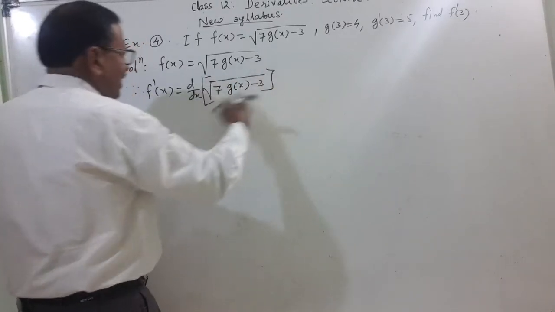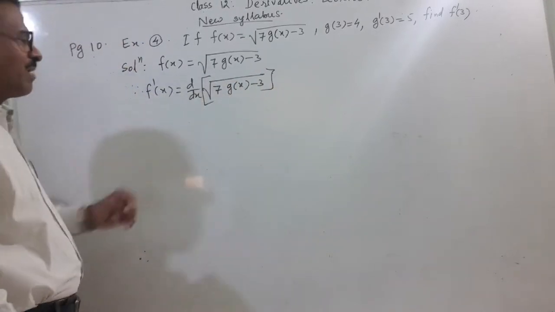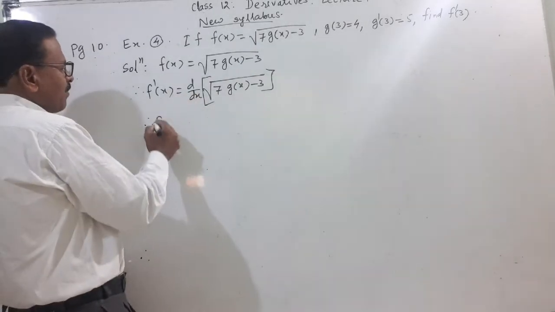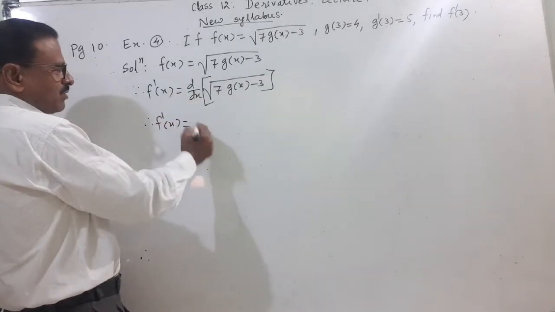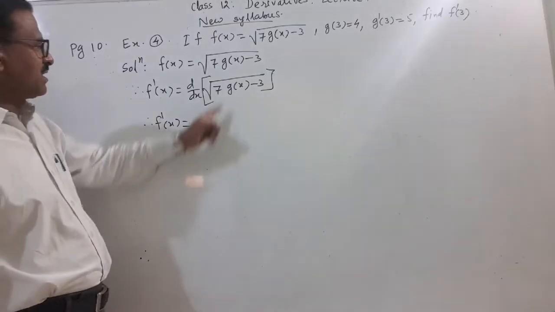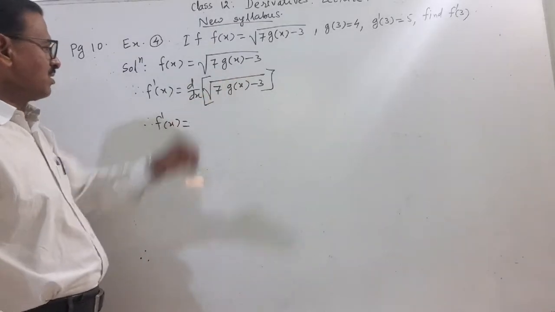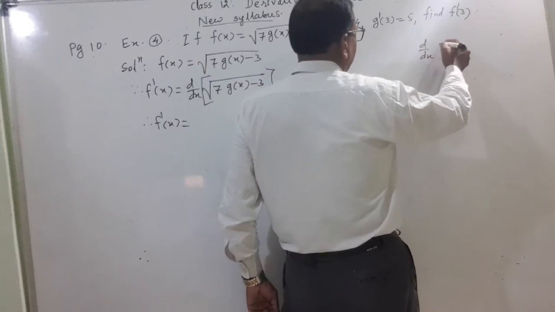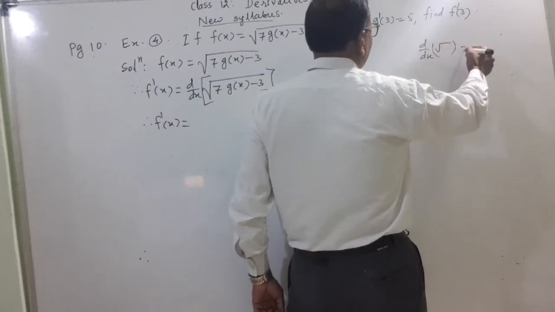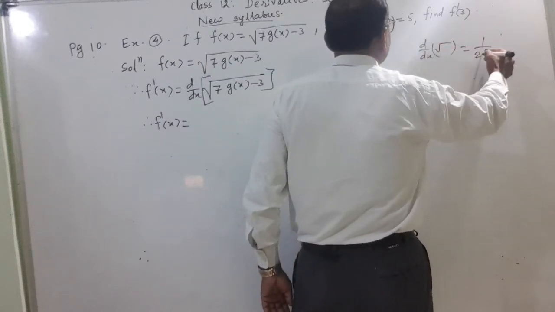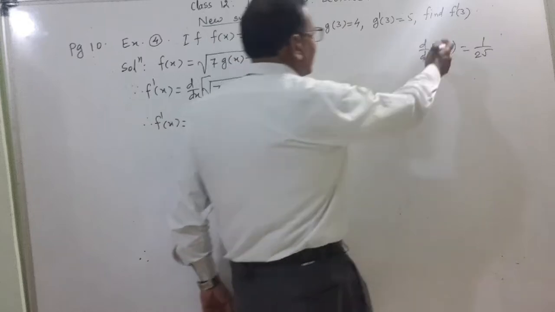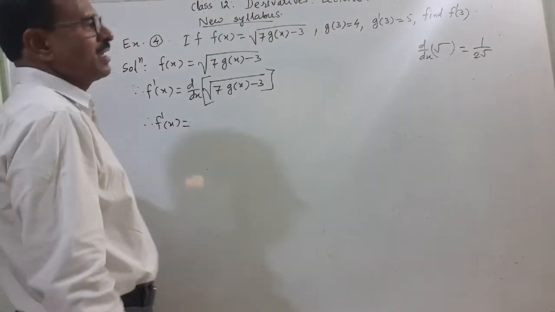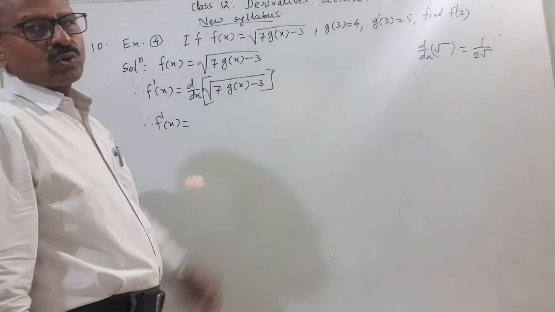Therefore, f dash of x is equal to, now the first function is the root function. The derivative d by dx of root is equal to 1 upon 2 root, and whatever is inside we will be writing. But in short, you can write this as 1 upon 2 root.